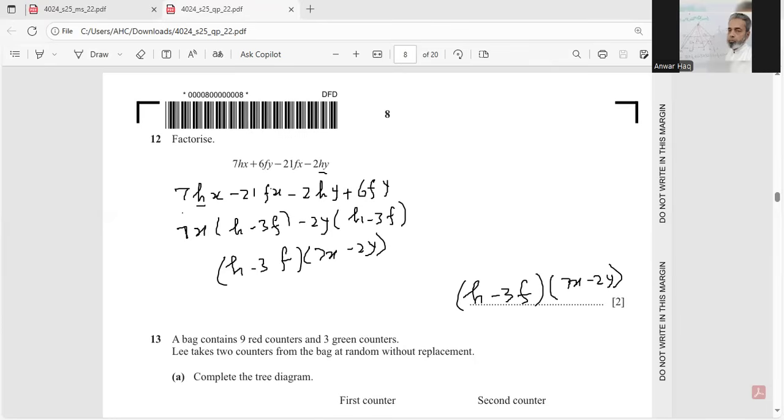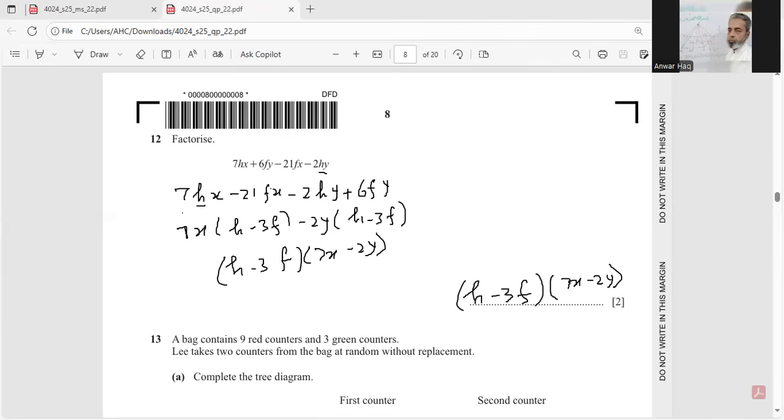No, both red, this is wrong. Both red. So 9 over 12 multiplied by 8 over 11.